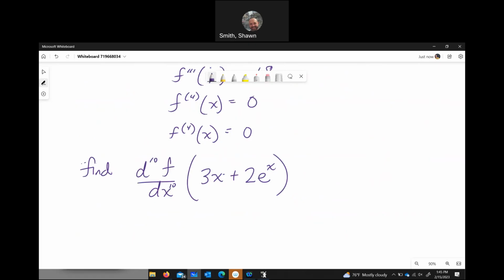Of the function f with respect to the variable x. Another notation, right?